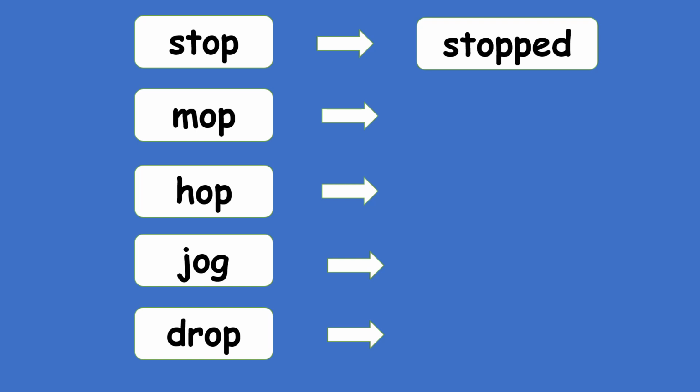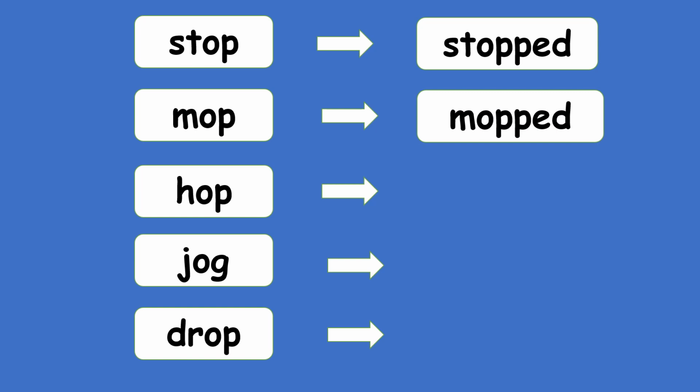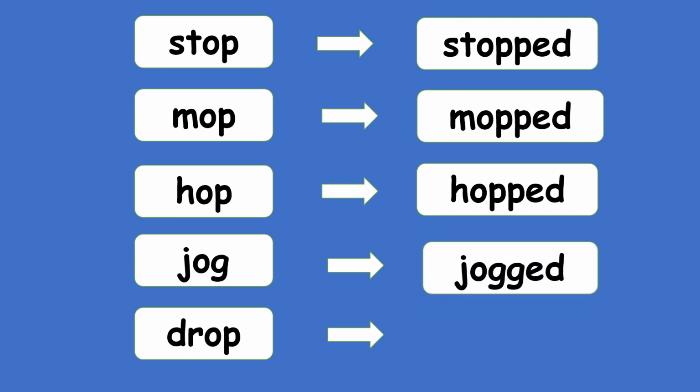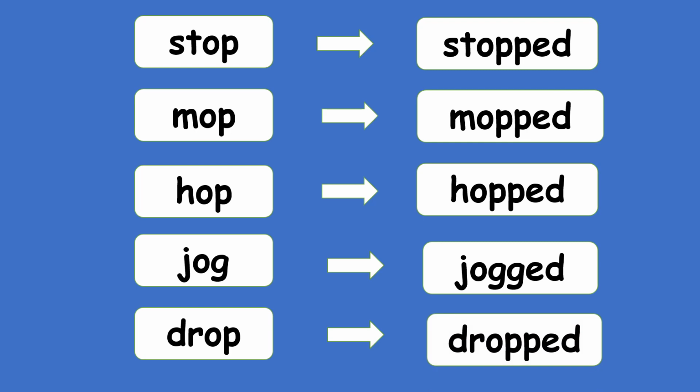Double P plus E and D. Mop, the past tense is mopped. Hop, the past tense is hopped. Jog, the past tense is jogged. So you have to double the letter G plus the letters E and D. And the word drop, the past tense is dropped.